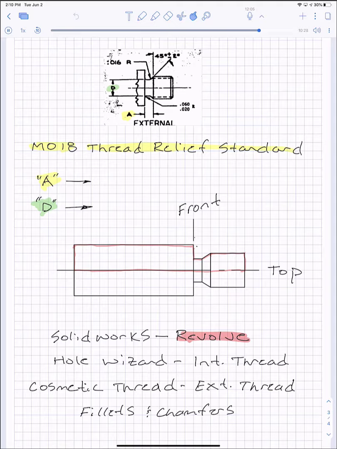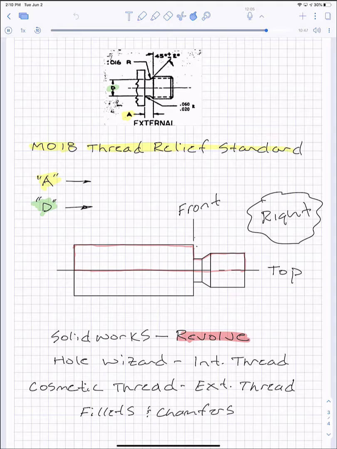And then the plane that we sketch on to make this first revolve feature will be on what the paper is, and that paper will be on the right plane. So I'll draw that over here and just indicate that the plane of the paper here is a right plane. So that'll get us oriented correctly.